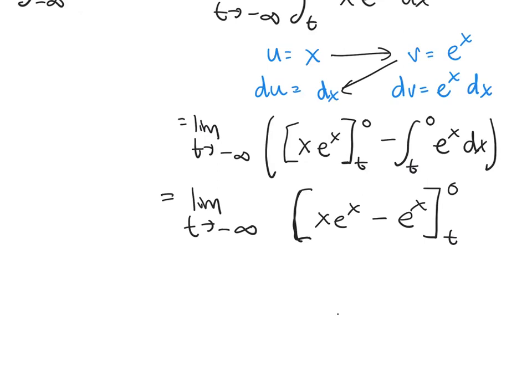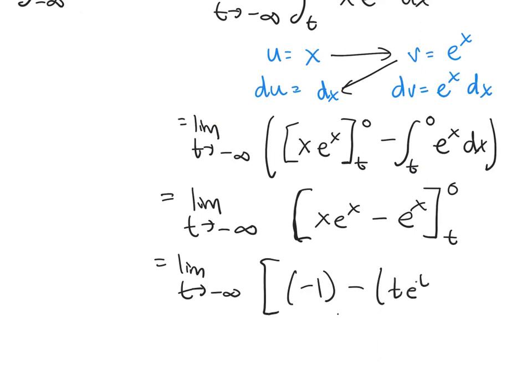Okay, so let's start by plugging in 0, right? What do I get if I plug in 0 to that? You get negative 1, because the first term is 0, minus, then plug in t.